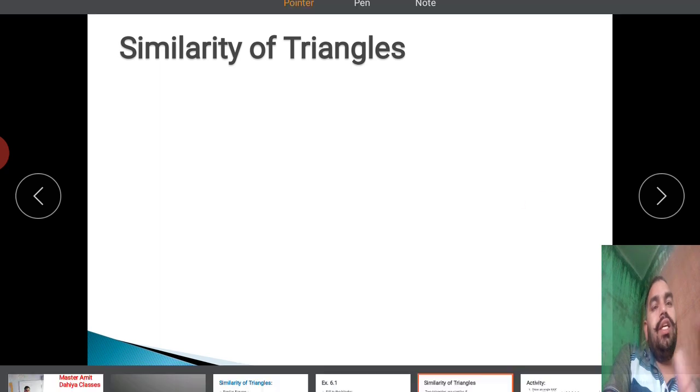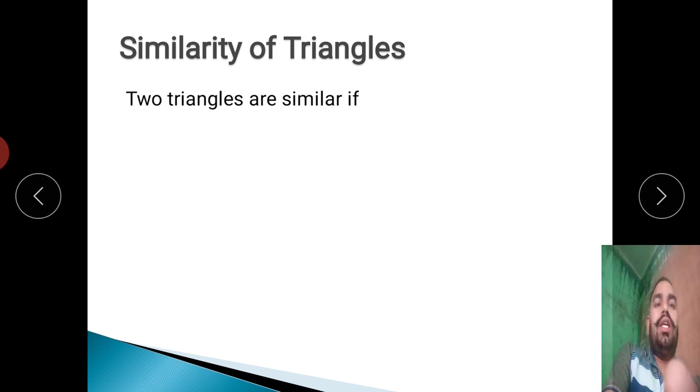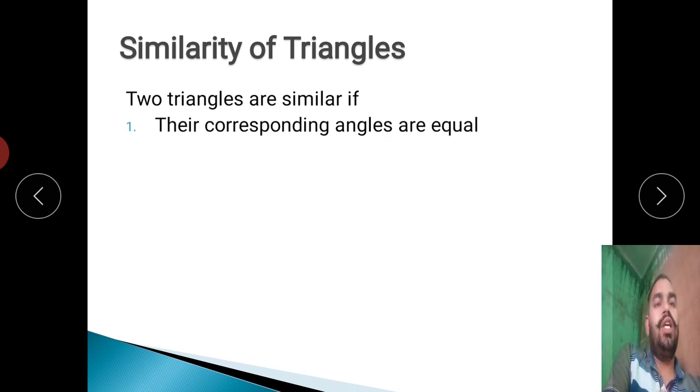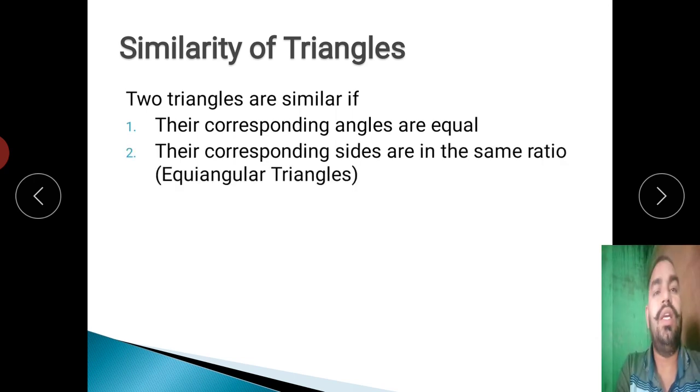Similarity of triangles. Two triangles are said to be similar if their corresponding angles are equal, and second, their corresponding sides are in the same ratio.